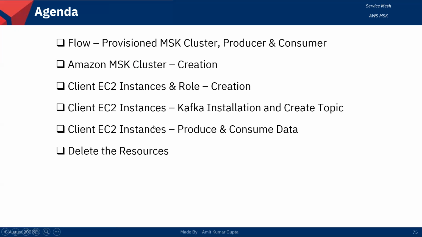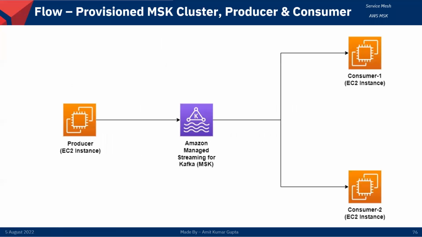After creating the topic, we will run the commands for the producer and consumer. We will send some messages from the producer, which will be consumed by the consumer. After completing this demo, we will delete all those resources, because these resources are not free. You will be charged somehow, because you will use a higher instance in this demo.